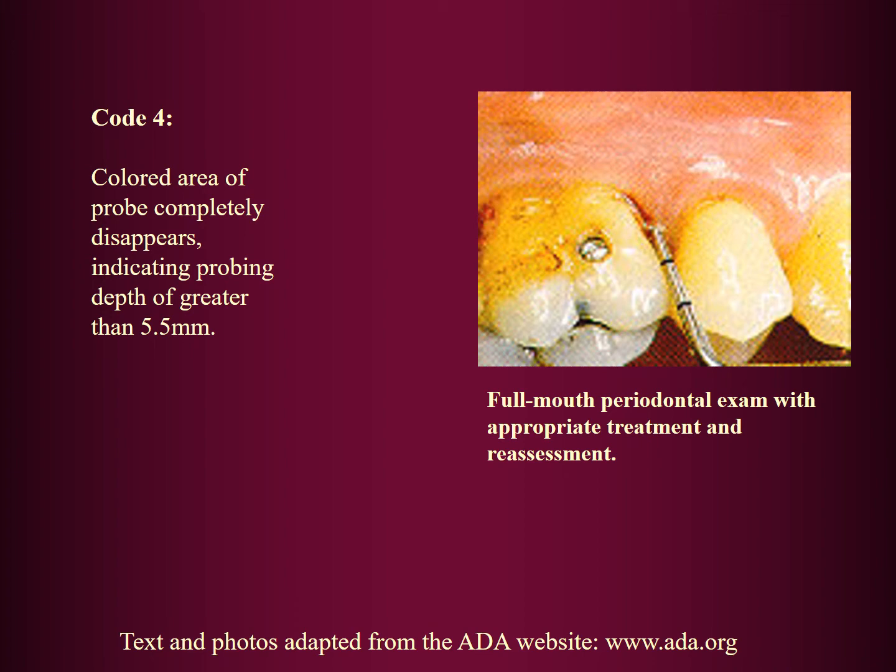The patient would probably have to be anesthetized, and the scaling and root planing subgingivally would take place, and reevaluation would take place after that. And if necessary, the patient might end up having surgical therapy as well.